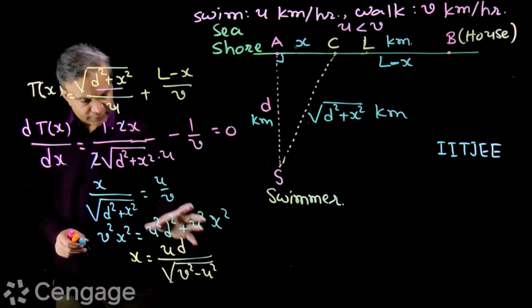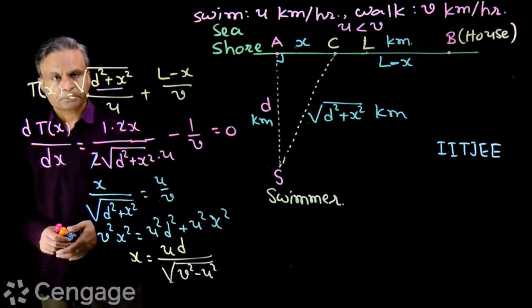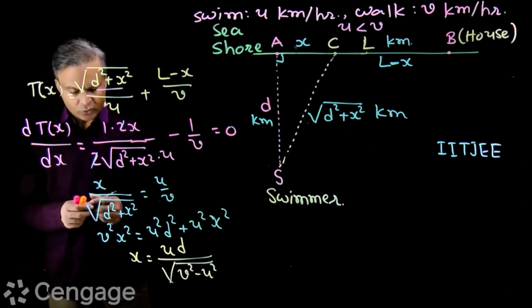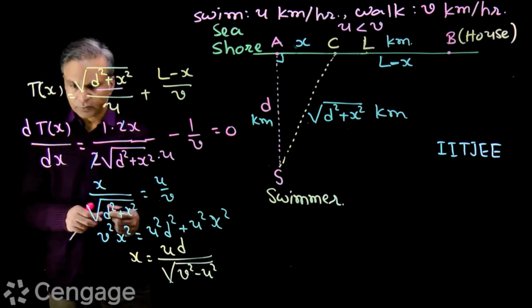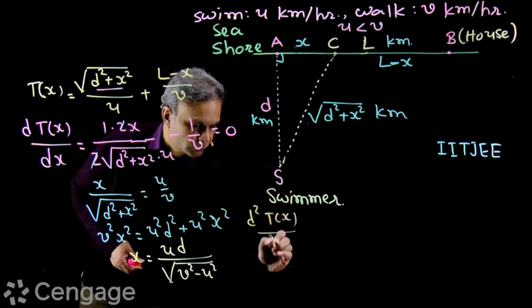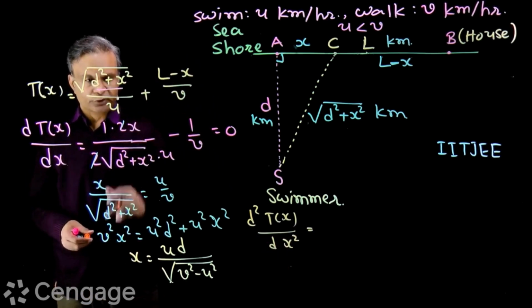Now we have to verify that this is point of minima. कैसे verify करेंगे? We can use second derivative test, okay. Derivative of this will be d square of T(x) over dx square. This will be using quotient rule here.